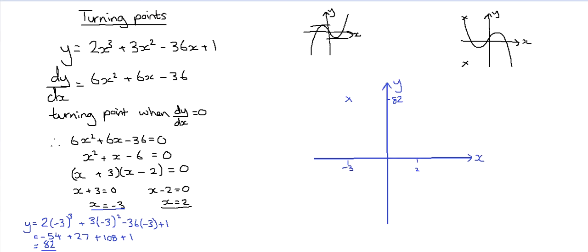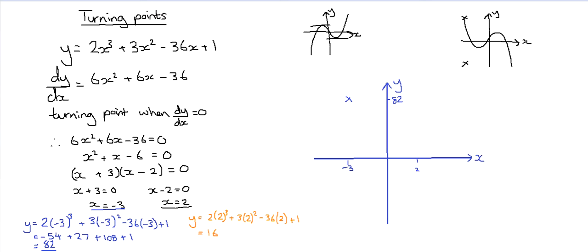Okay, let's do the same. I'm just going to change colour because I'm worried it's going to get messy. So y equals 2 lots of 2 cubed plus 3 lots of 2 squared minus 36 lots of 2 plus 1. This is the bit that makes it annoying, the 36, but hey.